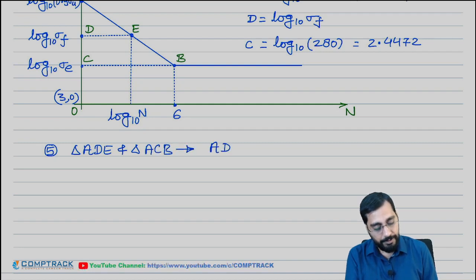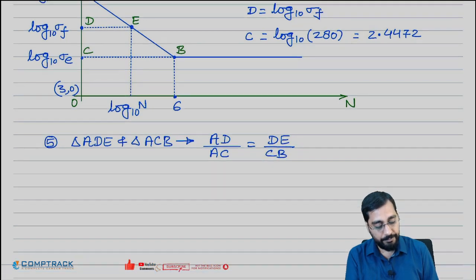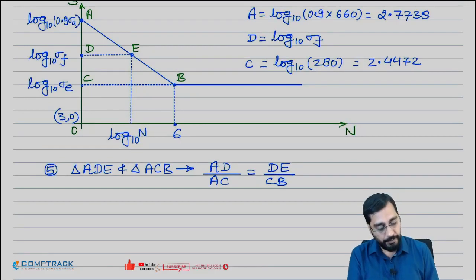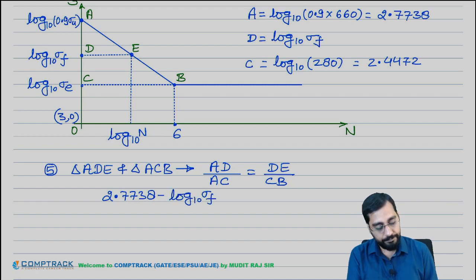Again, AD divided by AC equals DE divided by CB. AD will be equal to A value minus D value, AC is A value minus C value.